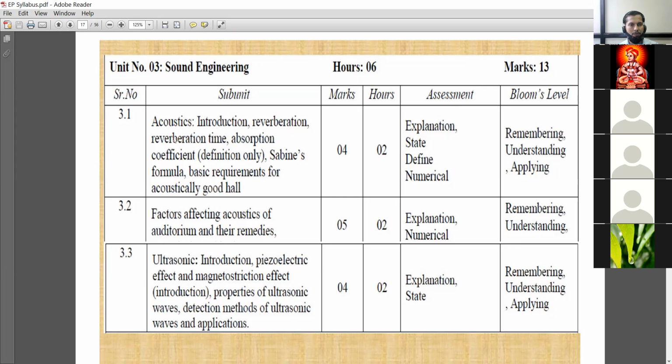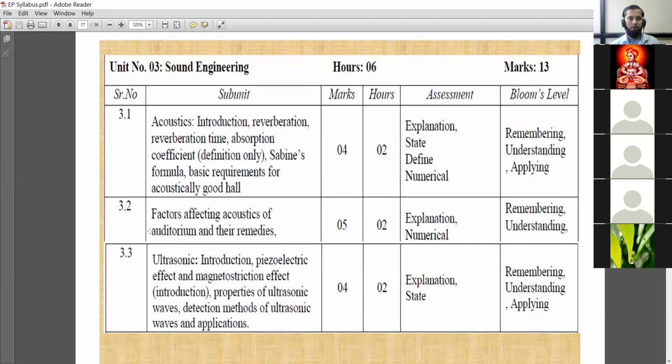So this reverberation and time of reverberation we have to check. So echo is different thing and reverberation is different thing. So echo means we are hearing that sound energy with certain time difference, and this reverberation is continuous reflection of sound through different areas from the source of the sound initially and then the different parts of the hall. त्यामध्येच काही पॉइंट्स आहेत. ऍब्सॉर्प्शन कोएफिशियंट असेल, सॅबिन्स फॉर्म्युला असेल तर ते आपल्याला बघायचे. त्यानंतर हा पॉइंट जो आहे तो 5 मार्काचा आहे.